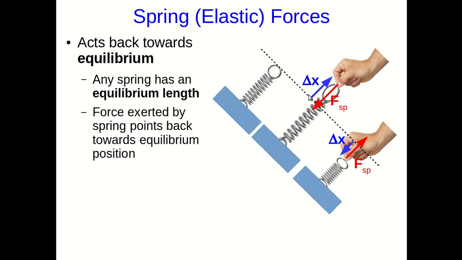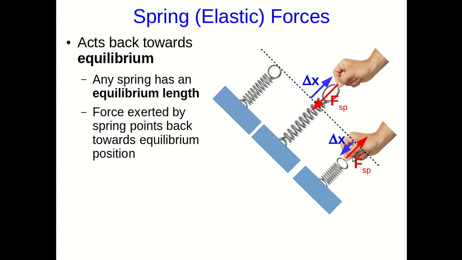But if you pull on a spring so that it stretches, so the displacement of the end of the spring points in some direction, then the spring pulls back on your hand. That's what we call the spring force, the force that the spring exerts on you, and that spring force points back towards the equilibrium position.